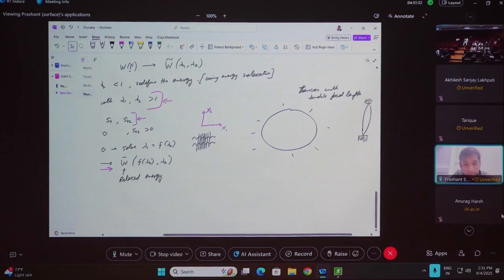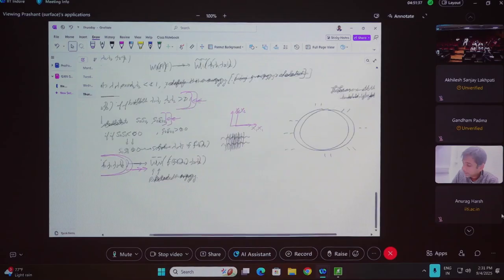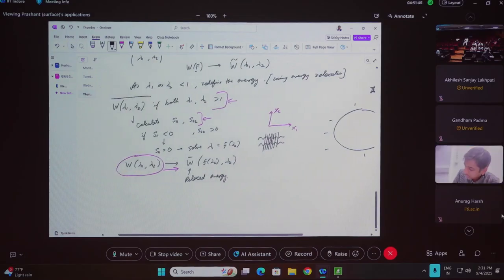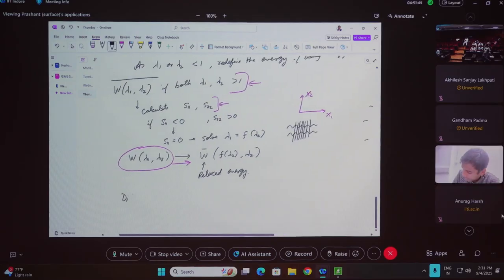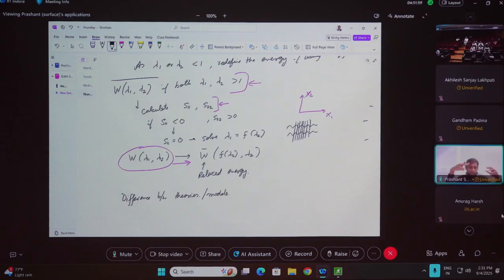Another thing that I would like to point out here is the difference between theories, or the difference between different models. You've got a thin structure, a very thin sheet of rubber or a thin sheet of material.